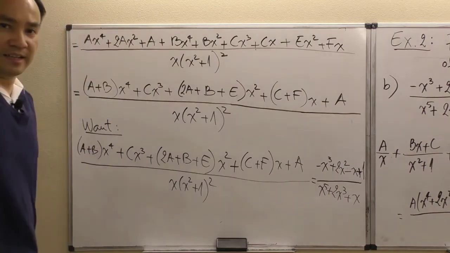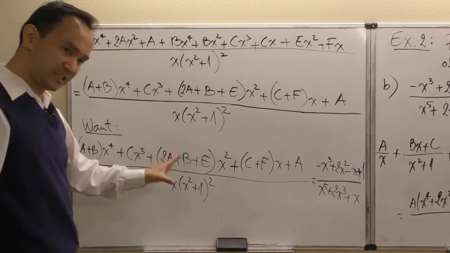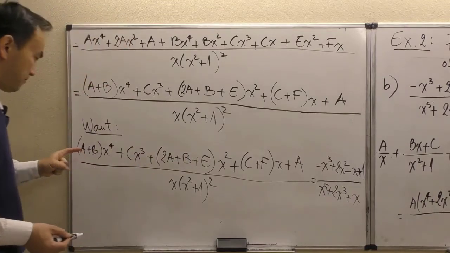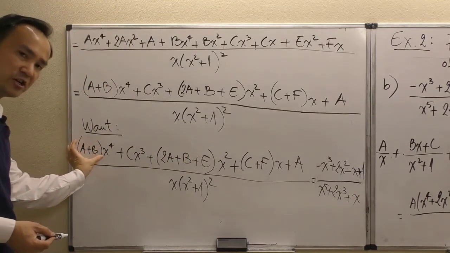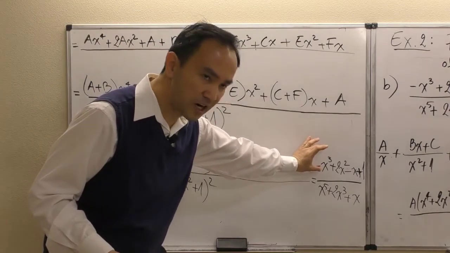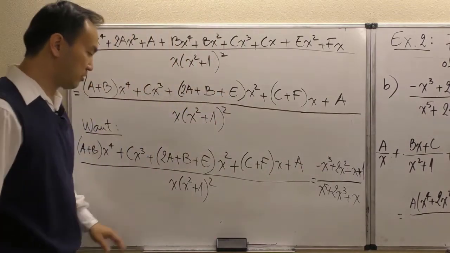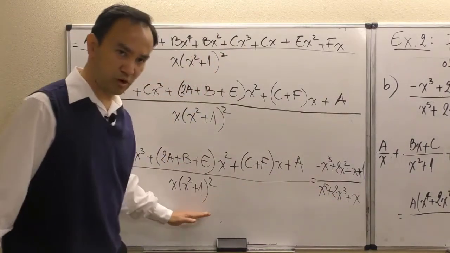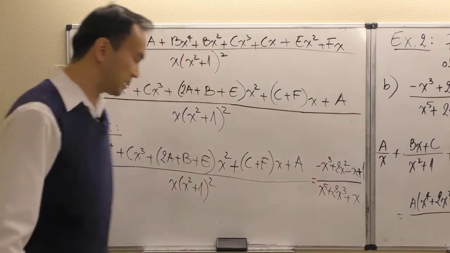All right, and so now from that, let's do all of the coefficient matching and equating them. So there's an x to the fourth term on the left-hand side, but unfortunately there's no x to the fourth term on the right-hand side numerator polynomial. And of course, the two denominators here are already the equal expression, equal function, equal polynomial.